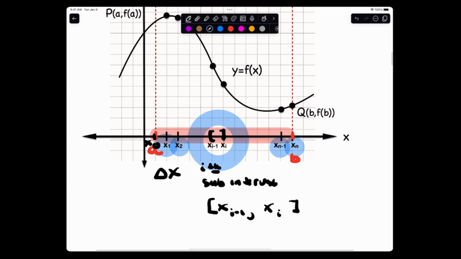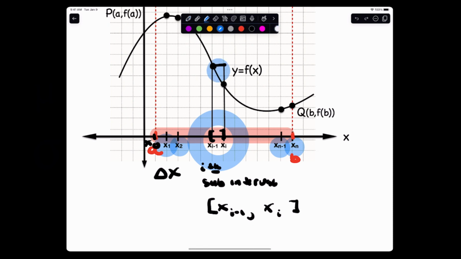And associated with that subinterval, you're going to have what we call a rectangle here now. And I try to draw a point here. So here's really what you're looking at, okay?